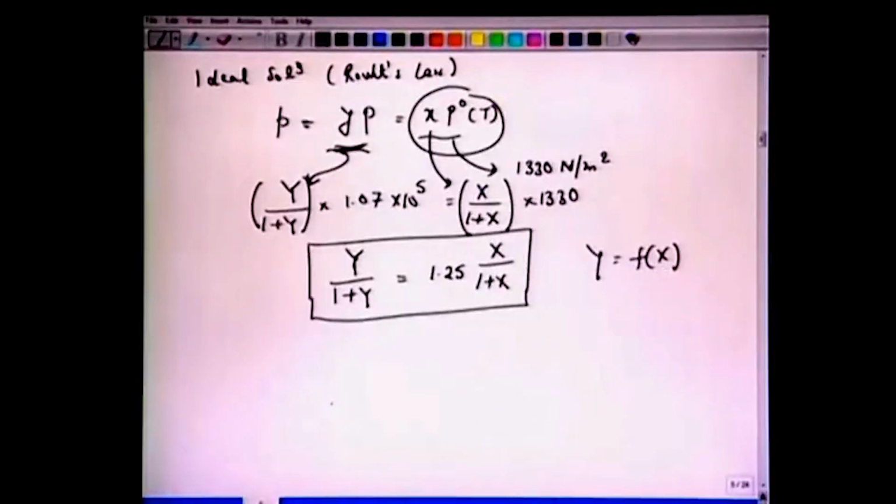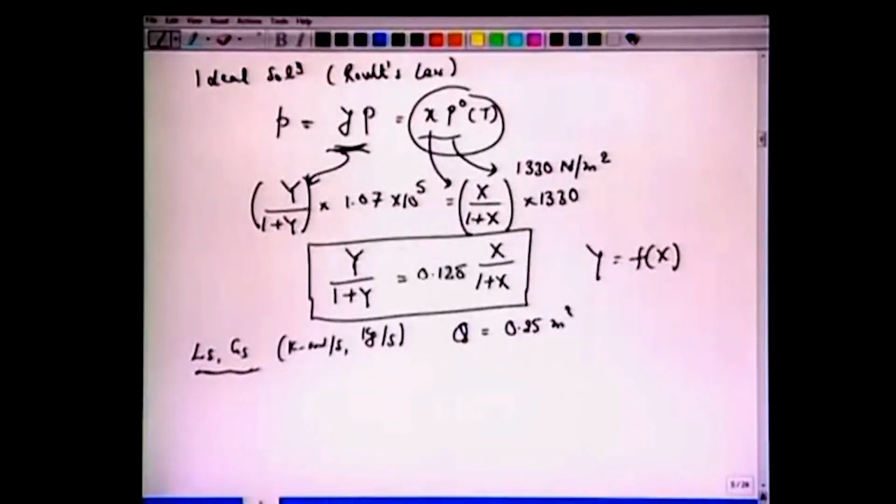Now before we draw the operating curve, remember we are supposed to work with Ls and Gs, which is kilomole per second or kg per second. Either way one can write here, and we talked about the advantage that the operating line is straight. Now the flow rate Q is given, which is 0.25 cubic meter per second. So all we do is convert this into kilomole per second for the gas phase. We have G1, where 1 signifies the inlet conditions, 0.25 cubic meter per second.